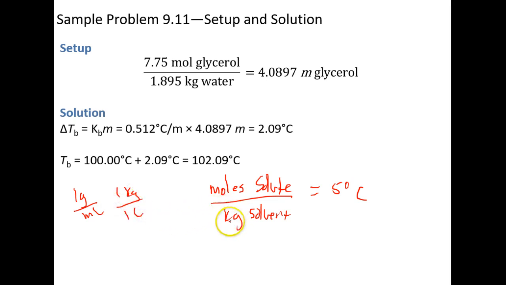So this is 1 kilogram. You have 5 degrees. And then you have your K of water, which was 0.512. You can figure out how many moles of salt you want to put in there, and then in turn you can figure out how many grams of salt it is. Okay, we'll let you do that on your own, but that's kind of an interesting equation.